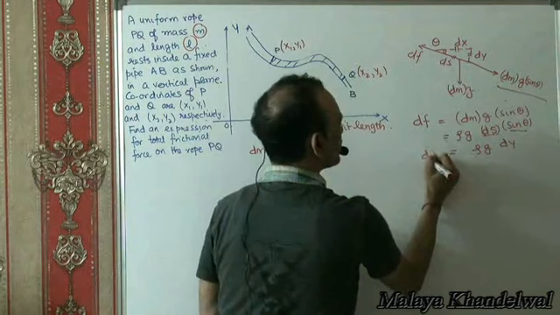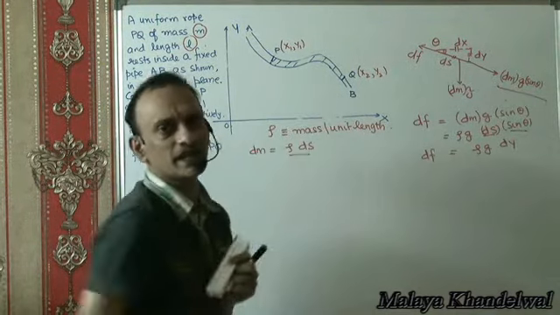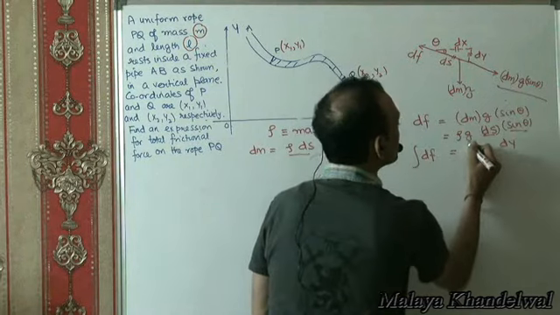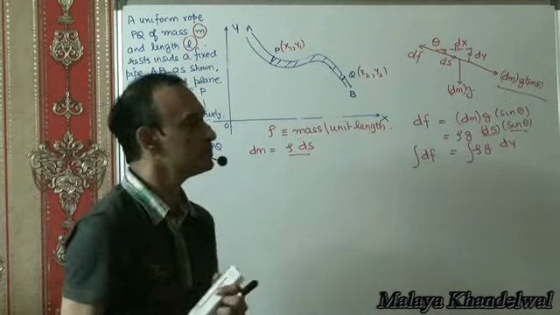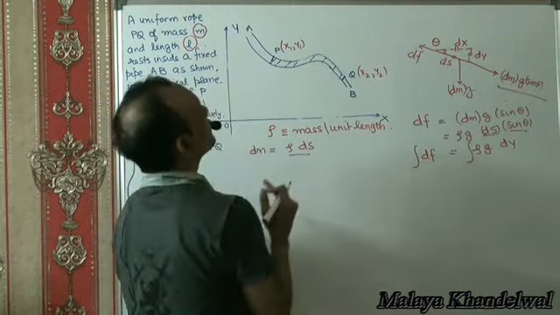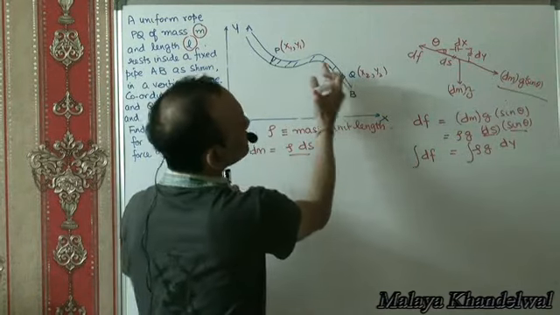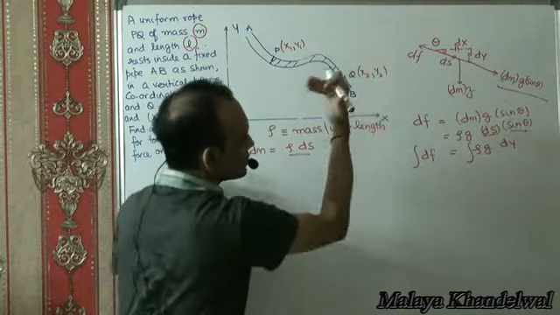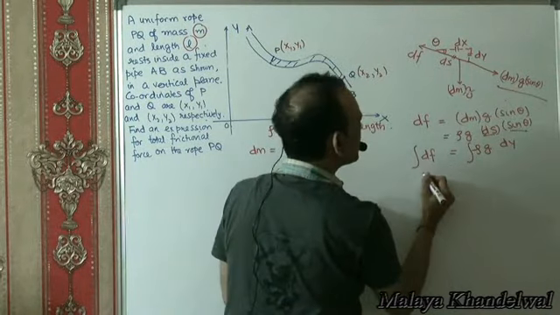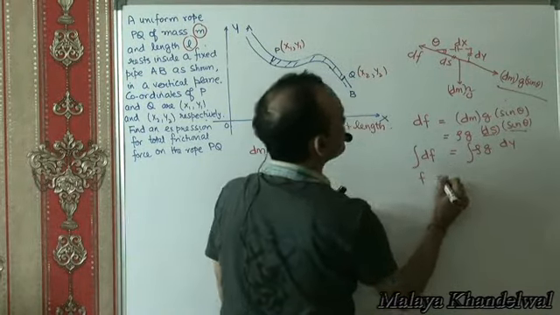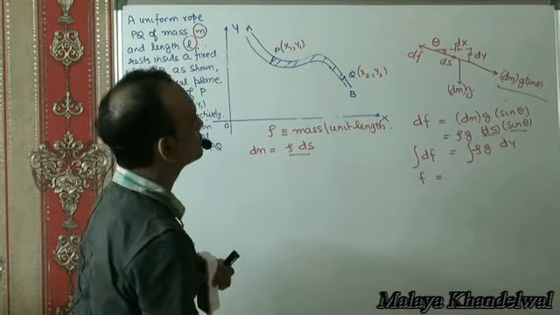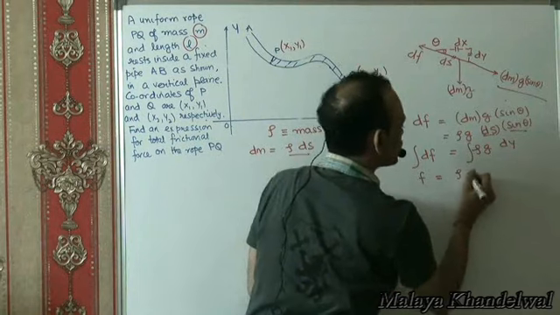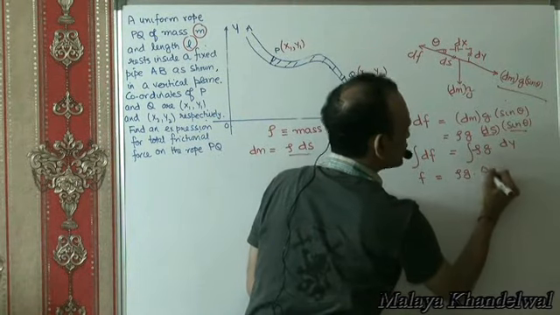That's df. The frictional force on this element. The total frictional force would be the sum of all of this taken along the entire length of the rope. Very clearly, y changes from y1 to y2, or y2 to y1, does not matter really. So the total frictional force F acting on the rope is going to be rho g into change of y.